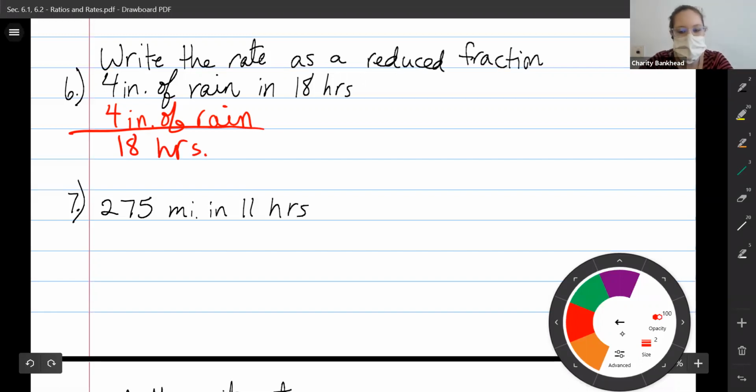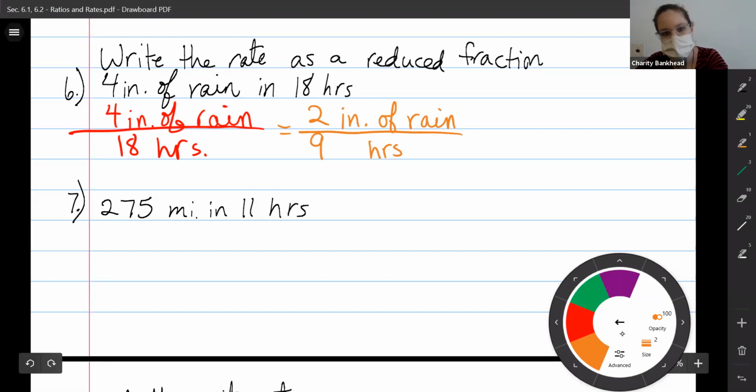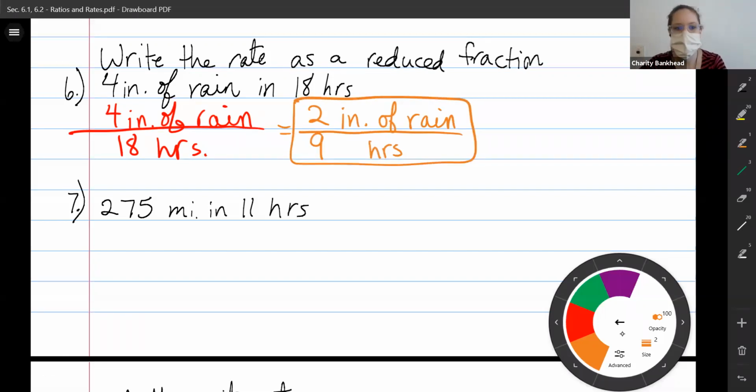And then I'm just going to try to reduce the numbers. So like 2 goes into 4 2 times, and 2 goes into 18 9 times. Okay, so that's 2 inches of rain in 9 hours. So that's just the reduced rate.